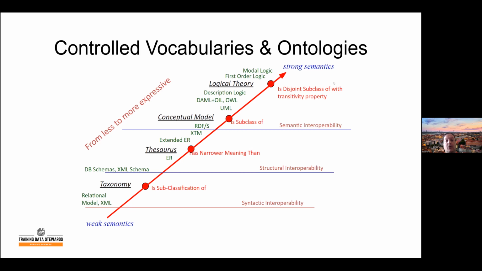But we can think about a whole range of expressiveness from a taxonomy to a thesaurus to a conceptual model to incorporation of logical theory. And the expressiveness and the ability that we have to capture knowledge goes up as we encompass more semantic constructions inside our ontology documents.